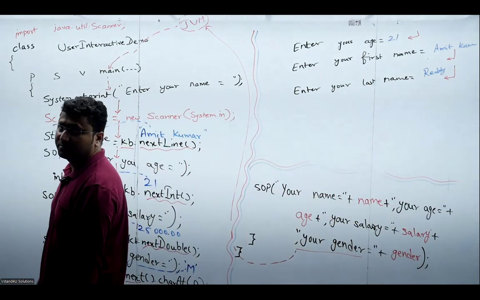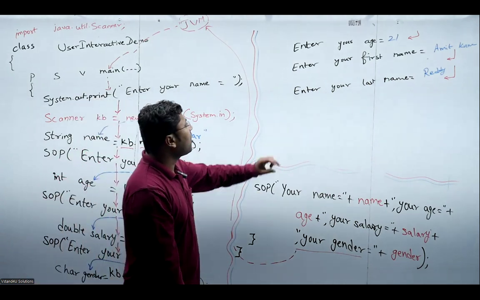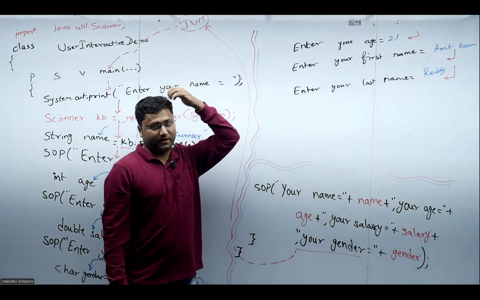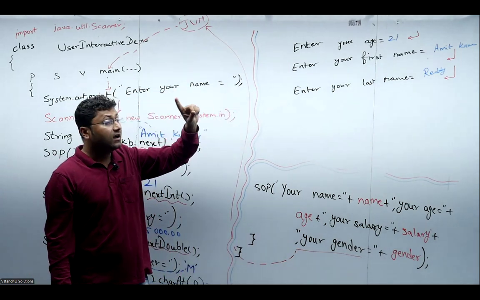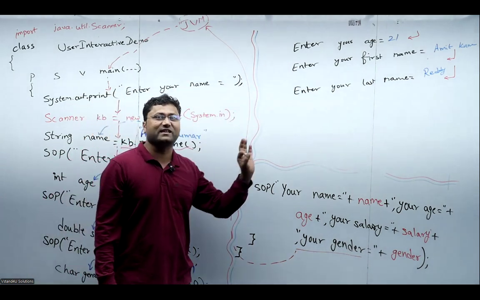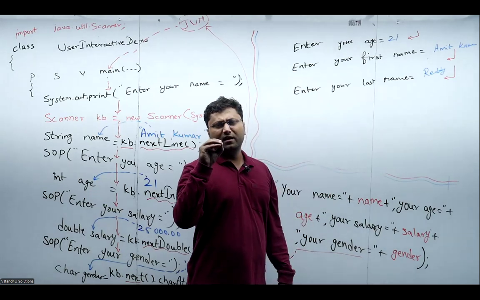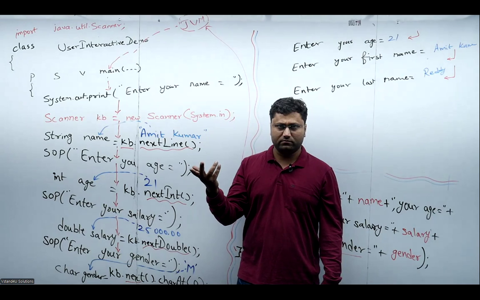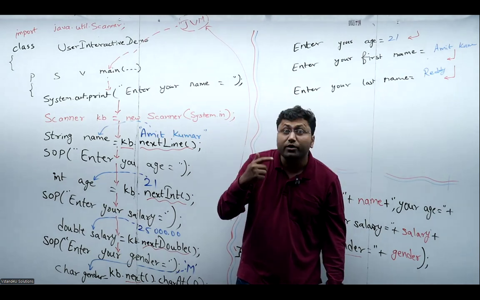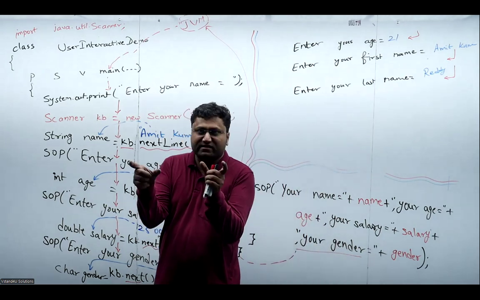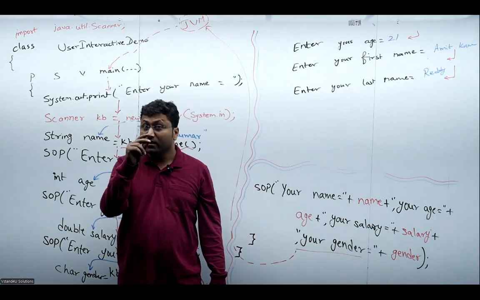Now, the point is, sir, it is not even giving me an opportunity to give the data for the first name. Why is it happening? That is the twist with the next line. Next line is the only method which has this issue. Let me explain the issue. Sir, if you see next or next line, both the methods are meant to read string type of data.